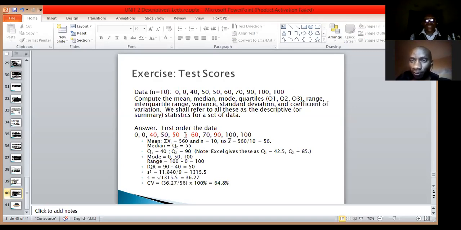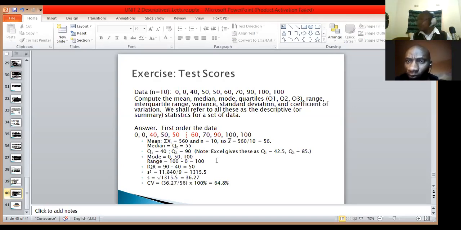Okay, so let's find our mode. We said mode is the element that has the most occurrences. Okay, we are lucky, power is back here. When we look at 0, how many zeros do we have?